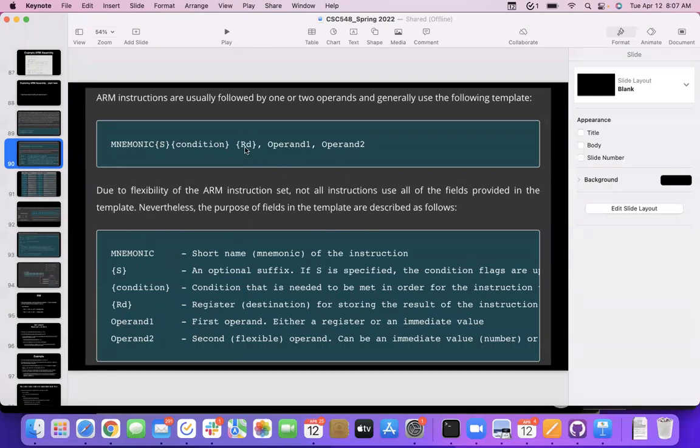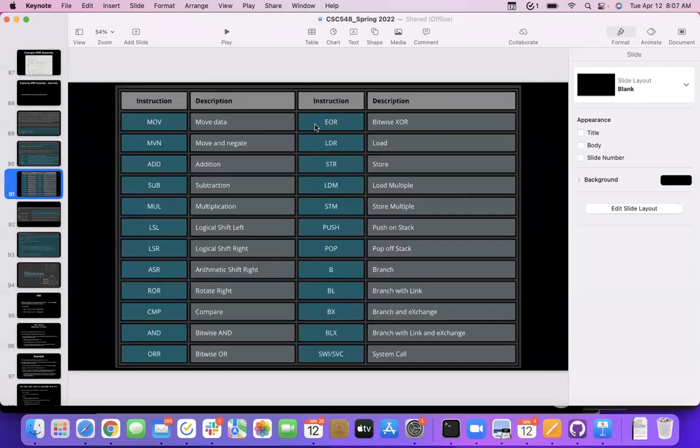Typically, you have your destination first, and then you have a first and second parameter, if a second parameter makes sense. And here is not necessarily an extensive list of ARM instructions, because we have a couple of different modifications on the ARM architecture, but this is a reasonable list that gets us where we need to understand.